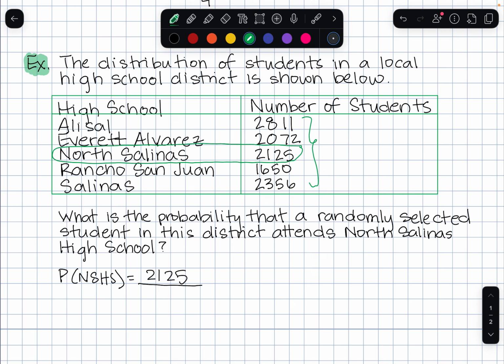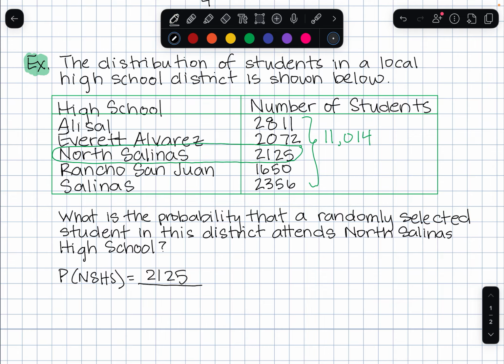So I'm going to go ahead and grab a calculator off the screen, and I'm going to add those 5 numbers together to get our total. And I get 11,014.